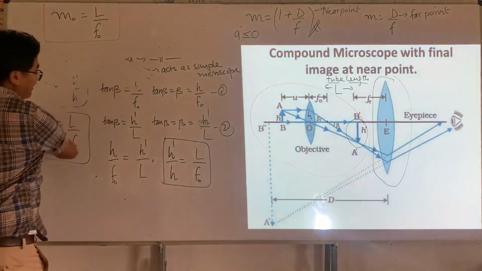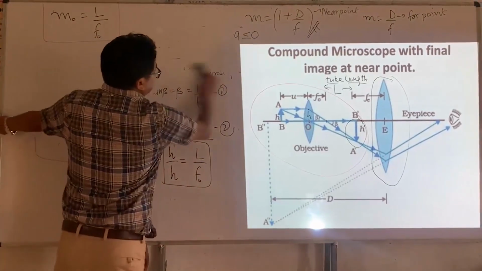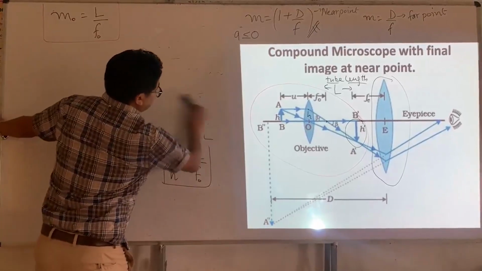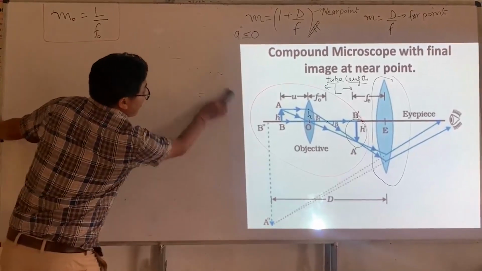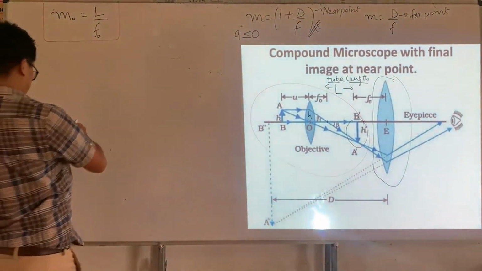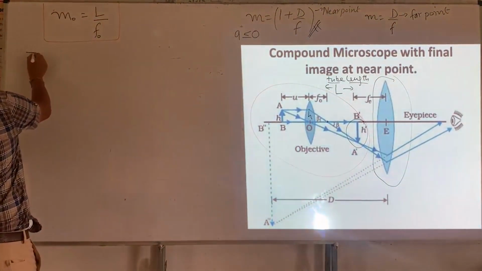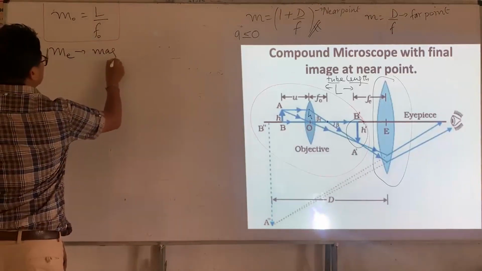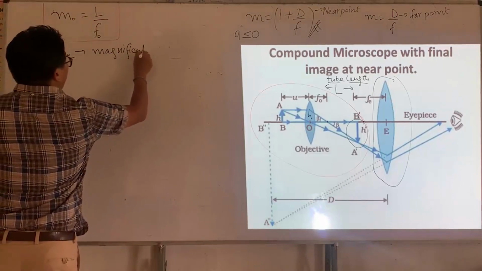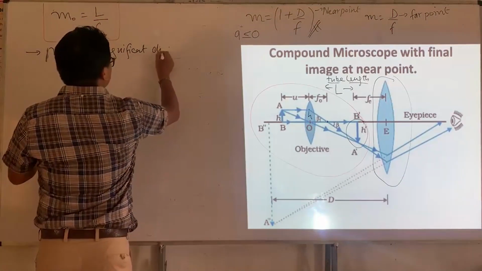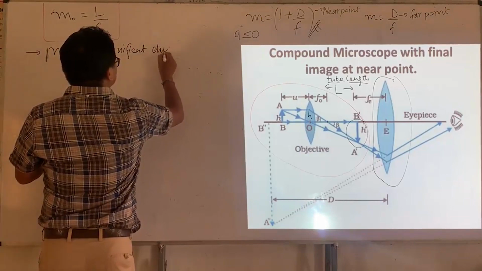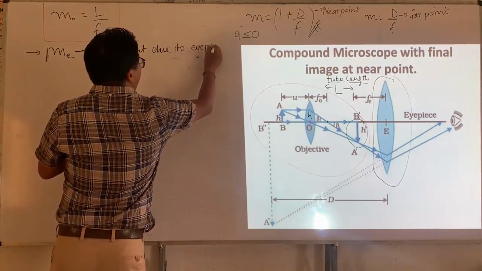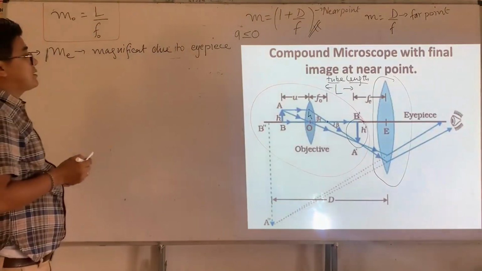So now we would like to find out what is ME. So what is ME? ME is the magnification due to the eyepiece.